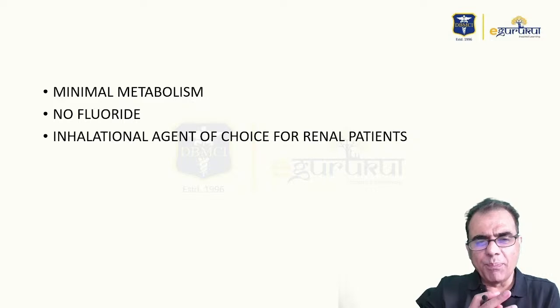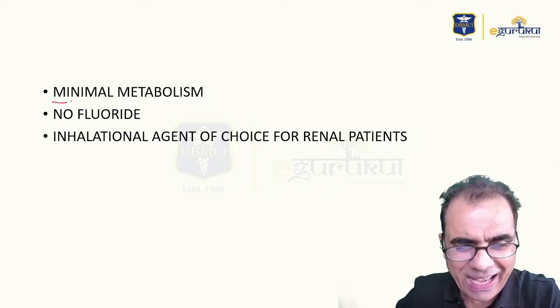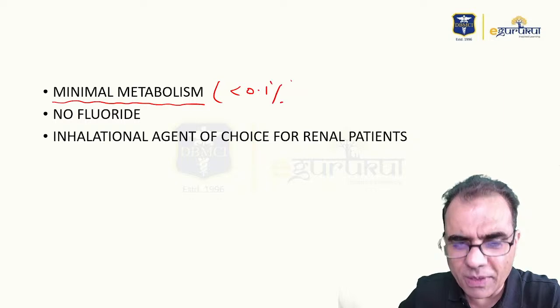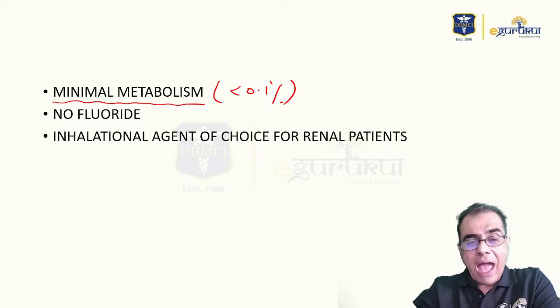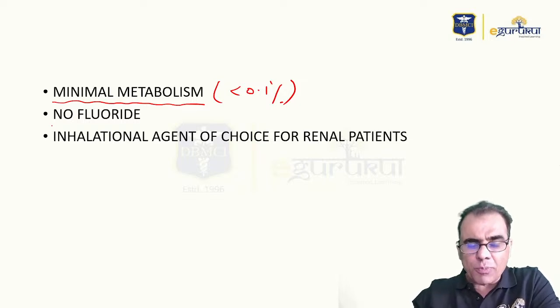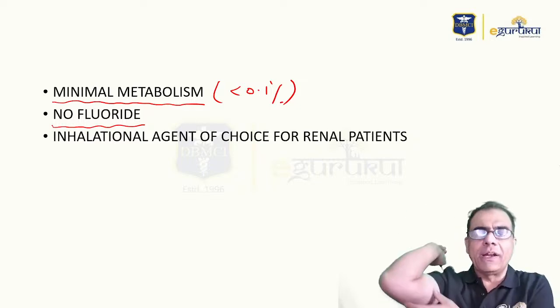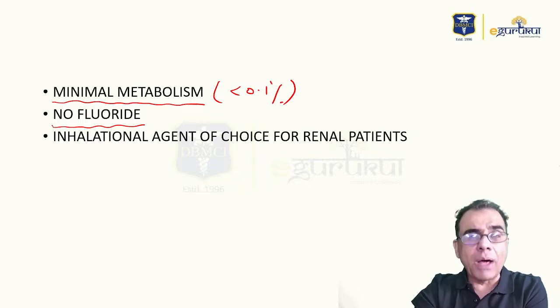Then the most important advantage of desflurane, the most important thing that you should know, is that it is negligibly metabolized, less than 1%, 0.1% in fact. So less than 0.1% means negligible, and that is the reason it does not produce fluoride. Actually, these volatile agents are fluorinated, and because of this fluoride they are not inflammable.